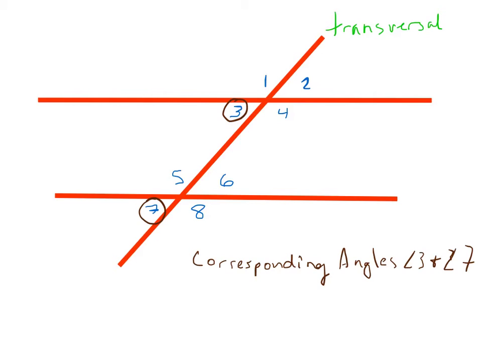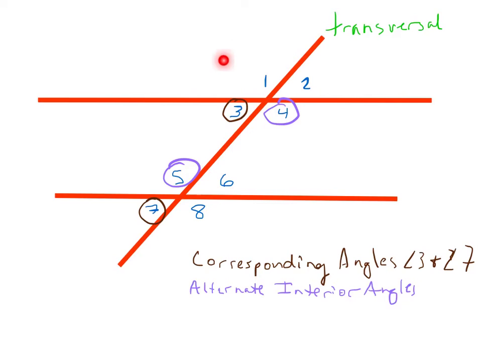The next term that we want to talk about here is alternate interior angles. Alternate interior angles would be something like 4 and 5. They're in the interior because they have to be one of these 4 angles.